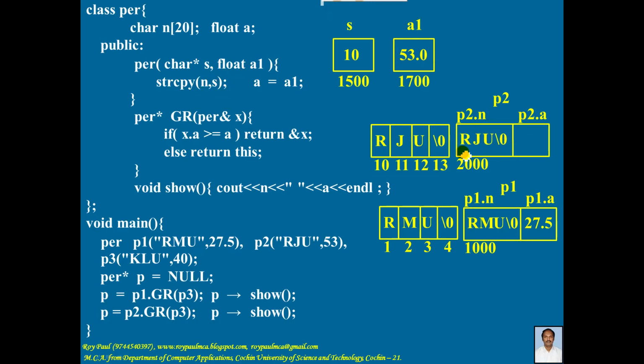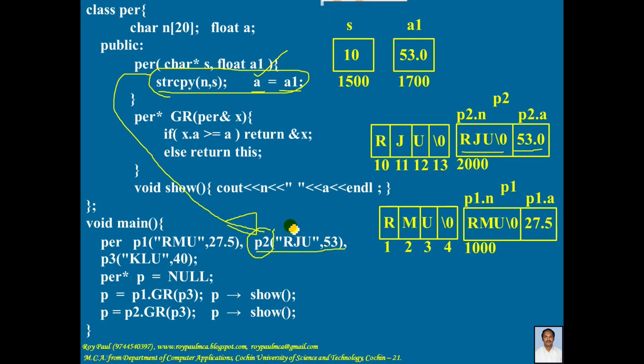So here RJU comes. Now this is a data member, so it must be taken as P2.A. So P2.A contains 53.0. Now the constructor is completely executed, and control returns to the point from where the constructor was called. So control comes back here, and when the control comes back here, the names S and A1 do not exist.